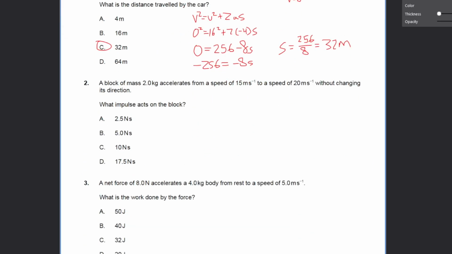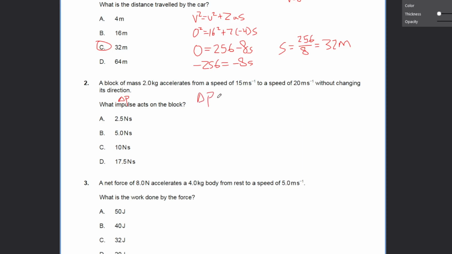Alright, question 2 now. A block of mass 2 kilograms accelerates from a speed of 15 meters per second to a speed of 20 meters per second without changing its direction. What impulse acts on the block? Alright, so impulse is the change in momentum.